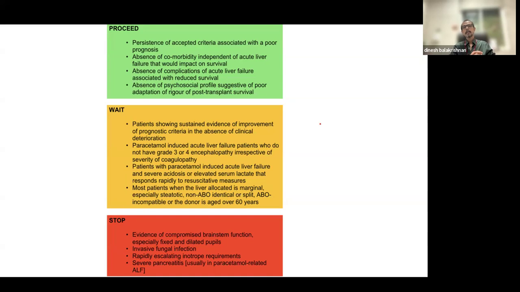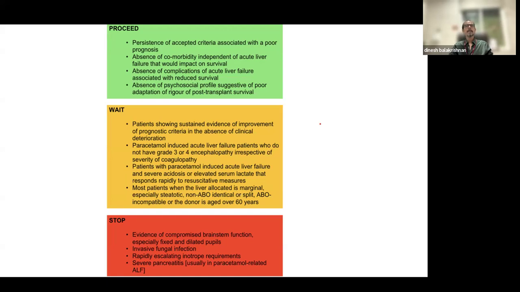Rapidly escalating inotrope requirement. Somebody who required a minimal dose of inotrope goes on to develop 1, 2, 3 inotropes, escalating dose of inotropes, one should not do. We have also realized that patients who develop kidney failure have a bad outcome, though it is not an absolute contraindication.